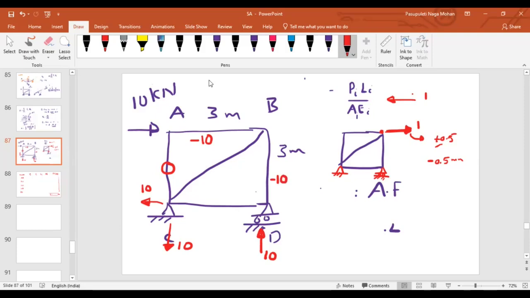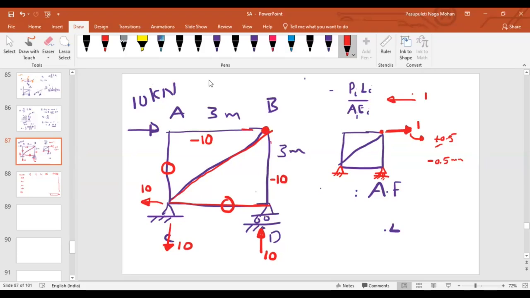And what about the force in this member? 0, sir. No horizontal force because of the roller. What about this member? That will be 0. This member force exists, this member force exists.